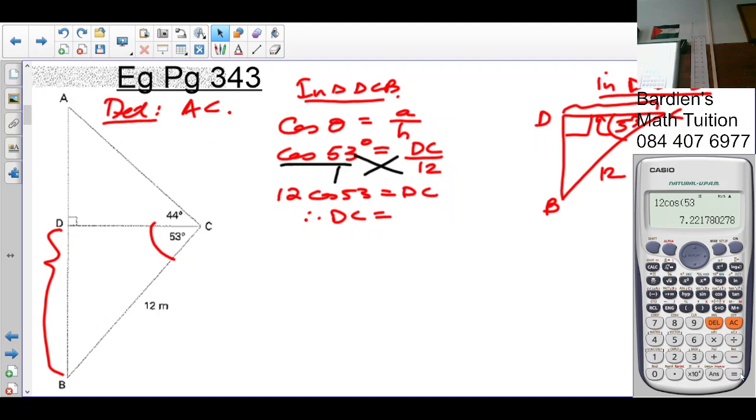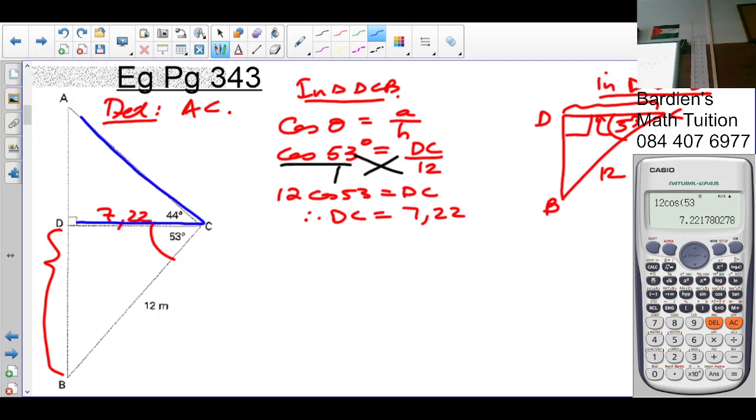It gives us 7,22. So how's that going to help us? Looking at this triangle now, triangle ADC.